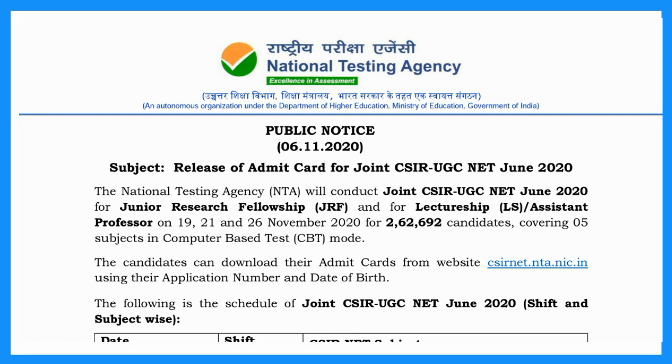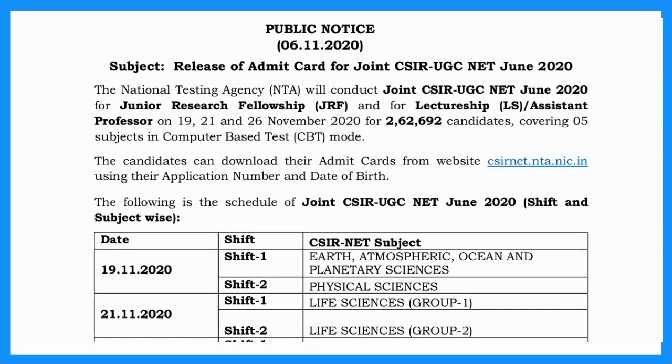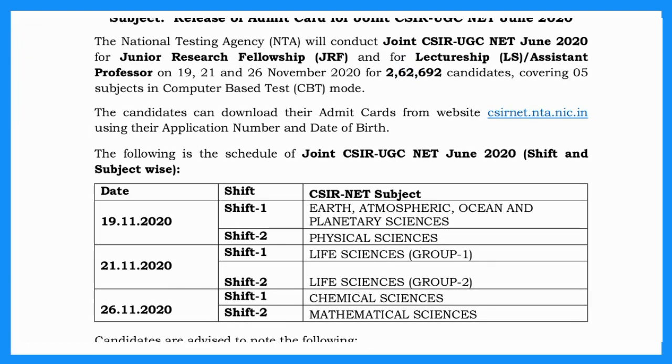Okay, so as per the notification given by the NTA, the exams of the CSIR-UGC NET will be conducted on 3 different dates in November. One is 19th November 2020, next one is 21st November, next is 26th November.